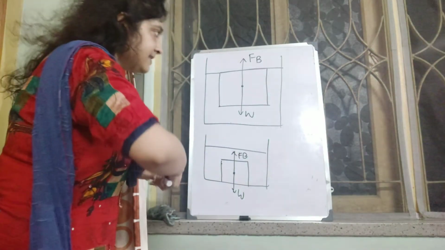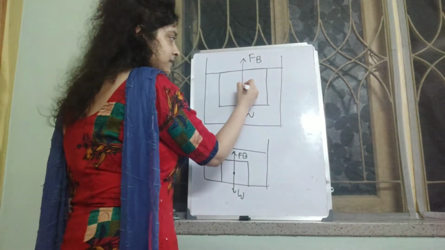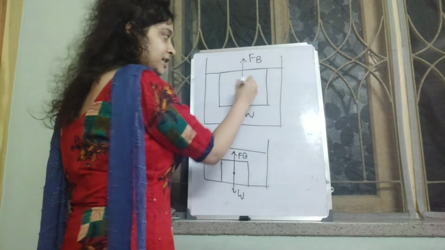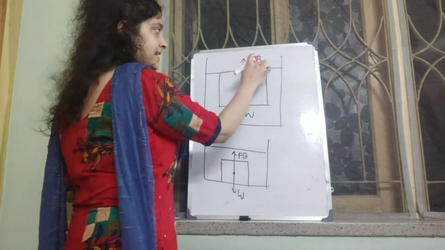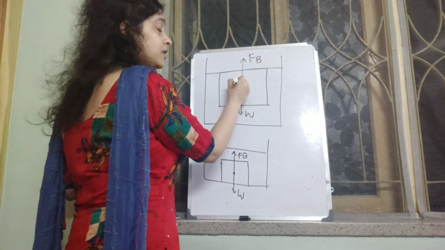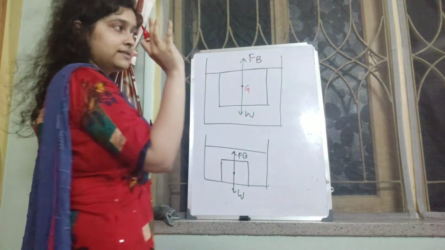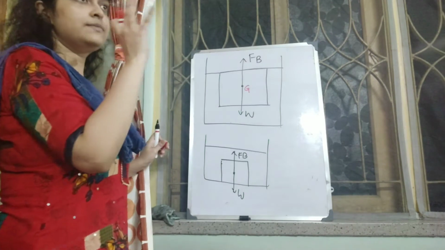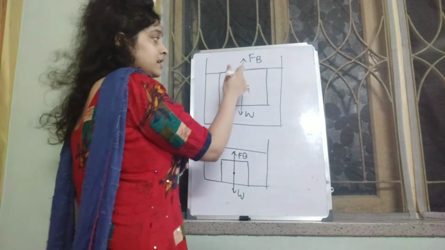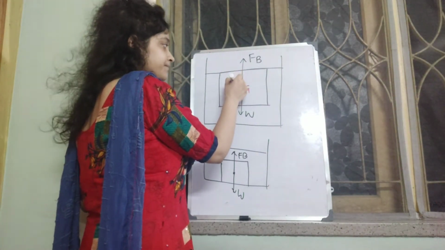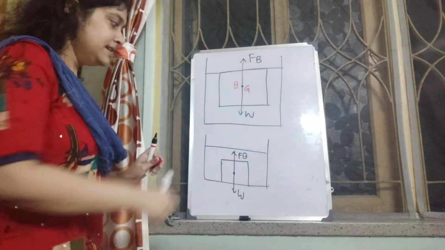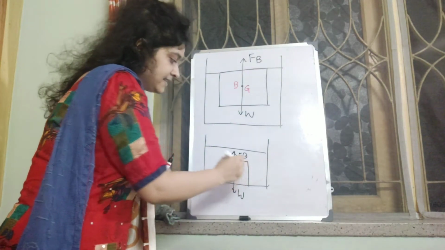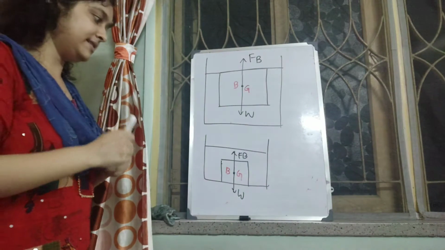In these two cases, the point where weight acts is called what? Center of gravity. Upthrust is acting at what point, where the whole of the buoyant force seems to act? That point is the center of buoyancy. So in these two cases, center of buoyancy and center of gravity coincide.